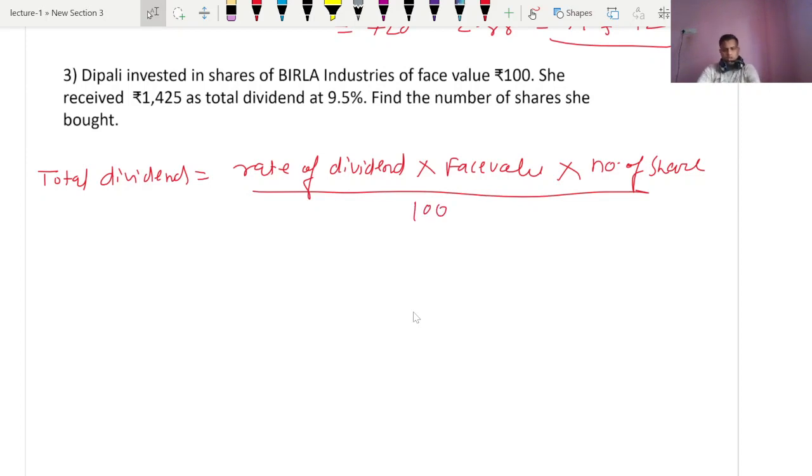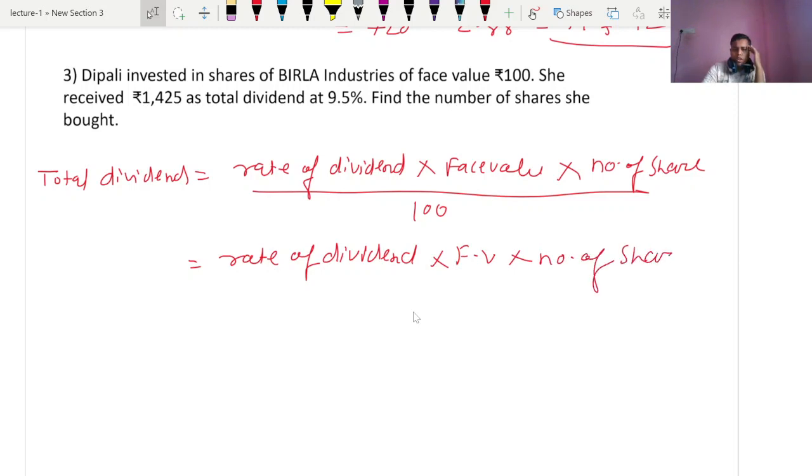Okay, so this is the formula. Now in the last lecture, what I told you is that for the rate of dividend, you just put the value here. So I can also write this formula as rate of dividend into face value into number of shares.